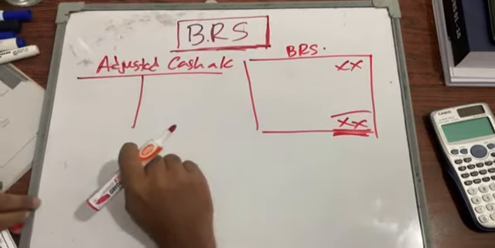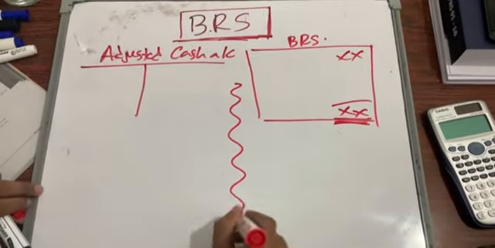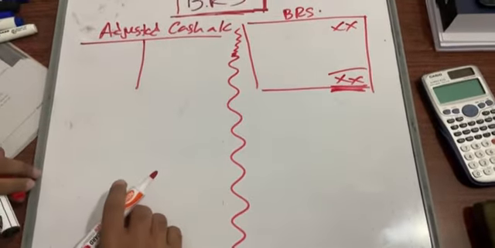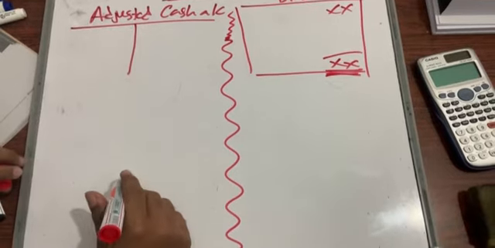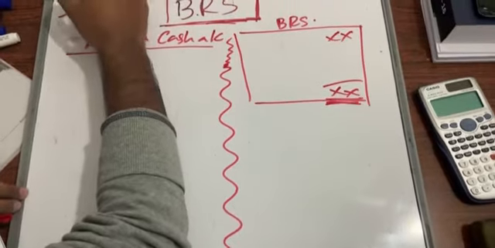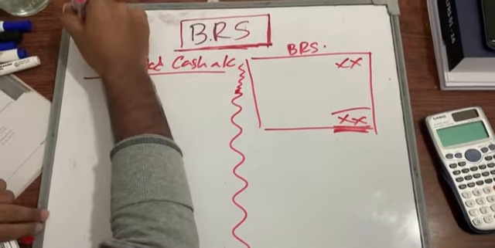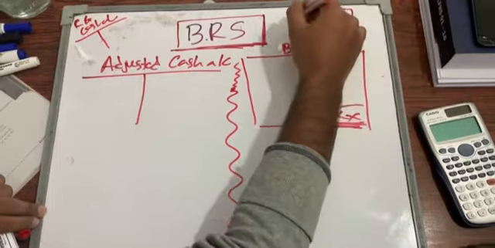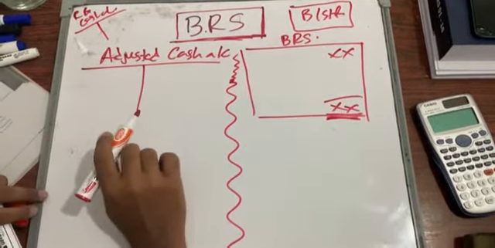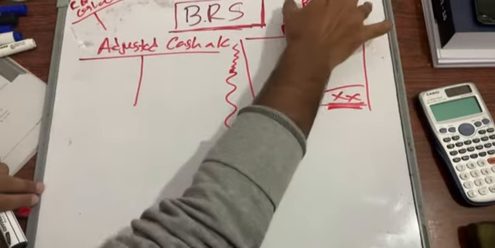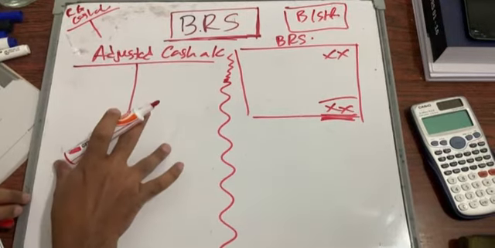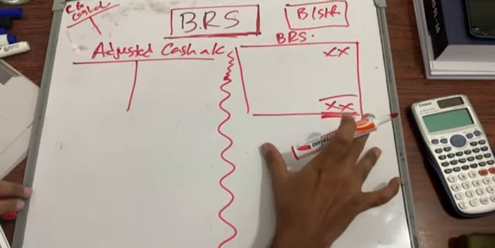Now I'll teach you all. We saw multiple reasons for the variations between the cash account balance, that is the cash book balance, and the bank statement balance. Now I'll say which reason should be adjusted where, that is, in the adjusted cash account or the bank reconciliation statement.